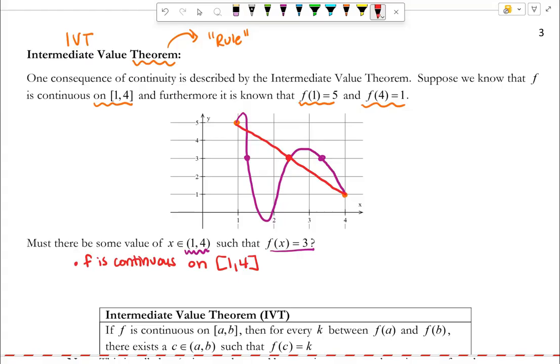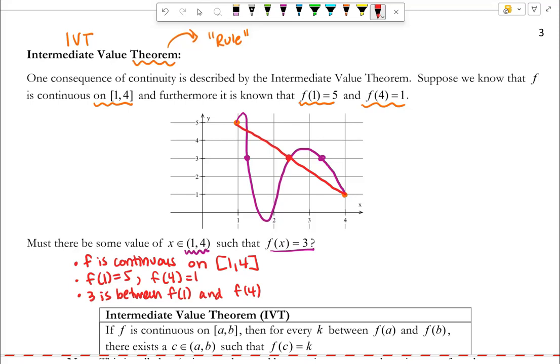I also know that f of 1 is 5, and I know that f of 4 is 1. And I know that the number 3 is between those numbers. So 3 is between 5, or f of 1, and 1, or f of 4.